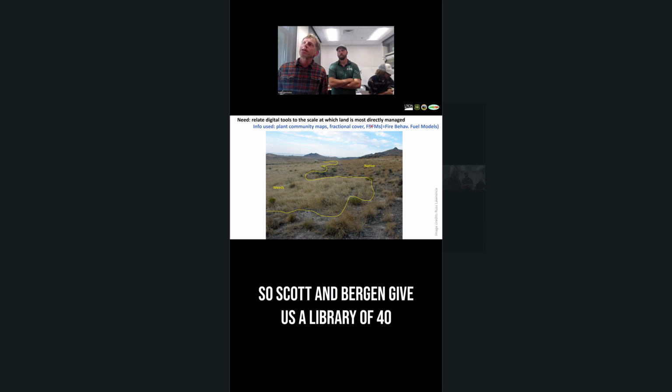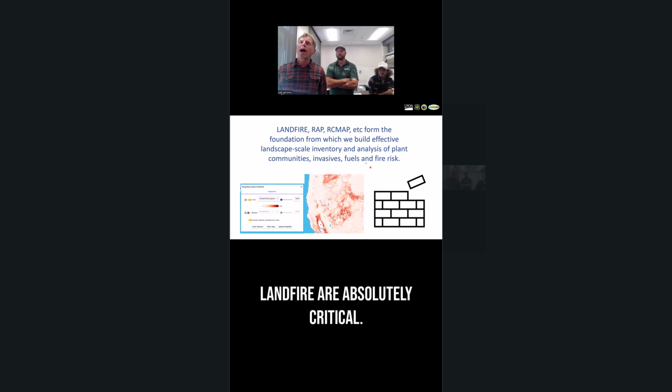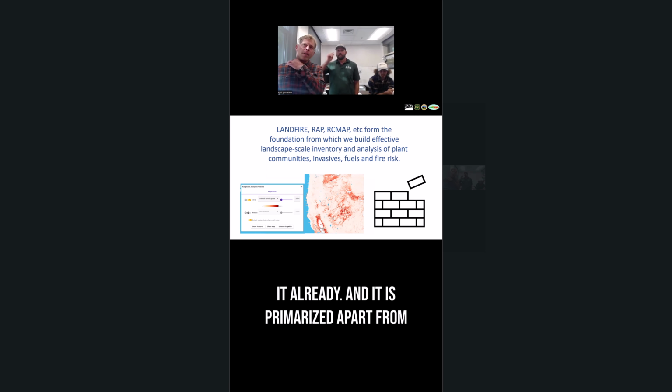So Scott and Burgan give us a library of 40 different FBFMs to pull from. Are those resolute enough? And how can we accurately map them on the ground? This is where tools like LANDFIRE are absolutely critical. Most of you know about it already.